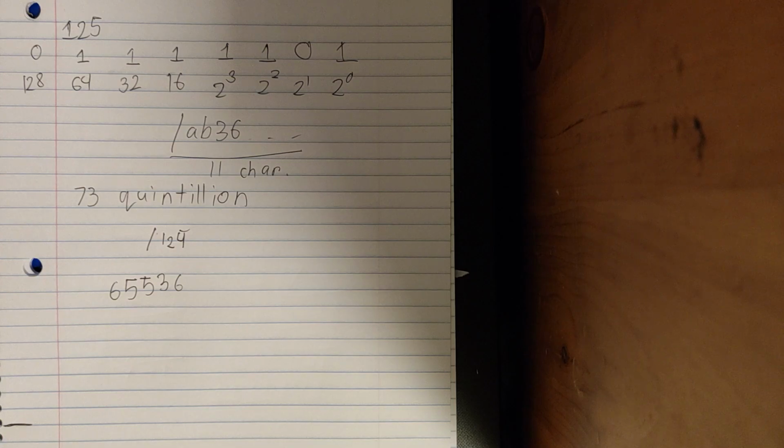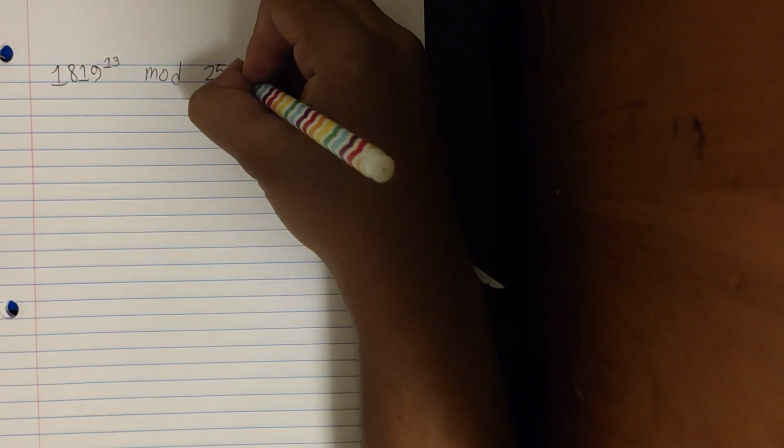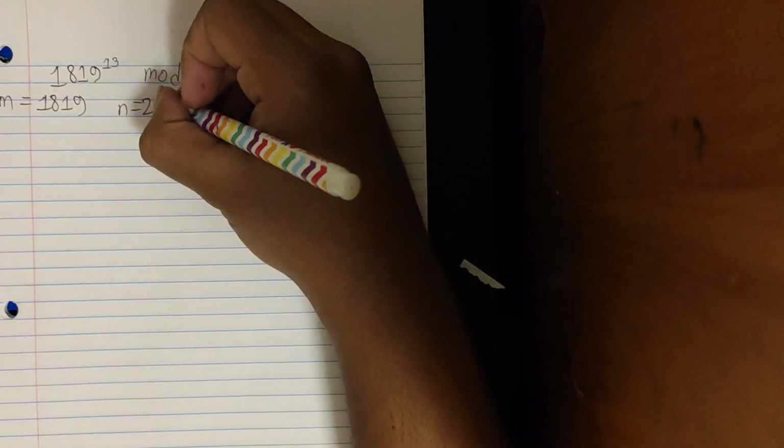To do fast exponentiation, we will take 1819 to the power 13 mod 2537. So that I don't have to write these numbers again and again, I'll just take m equals 1819, n equals 2537.